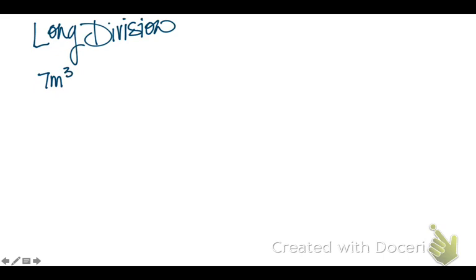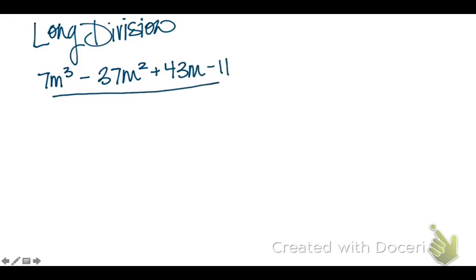So let's do long division. Okay, and your problem is going to look something like this. So you'll have like 7m cubed minus 37m squared plus 43m minus 11 divided by 7m minus 9.